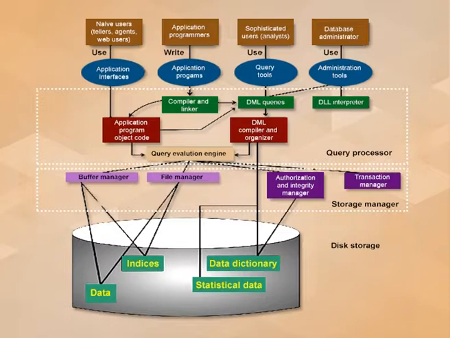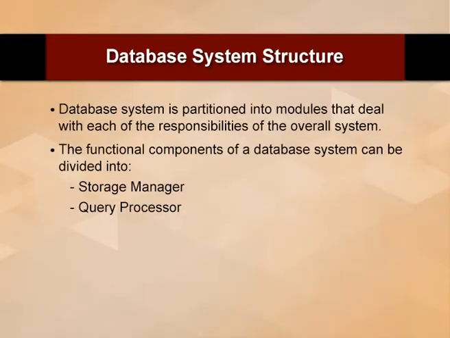Let us see what the various components in a database system structure are. This database system structure comprises a storage manager and a query processor. Both these functional components make up the whole database management system structure. Inside the storage manager there are various components, and the query processor also comprises various components.